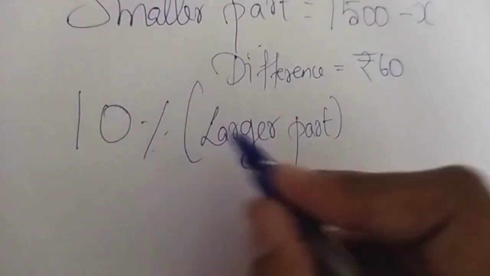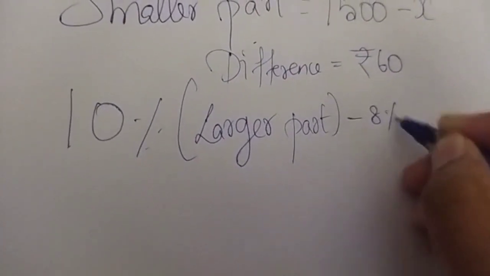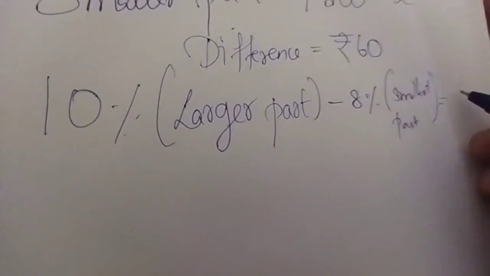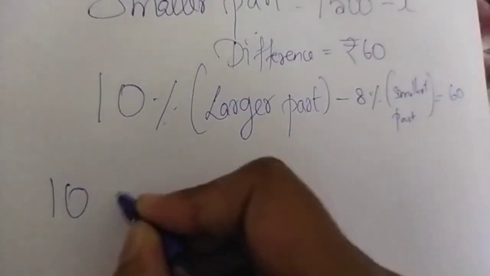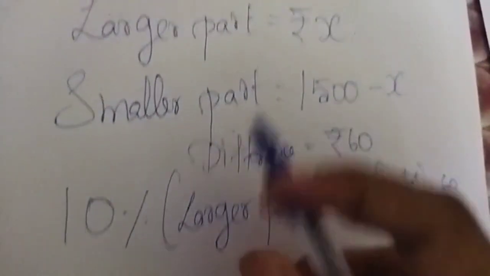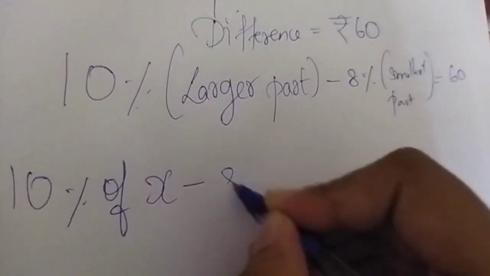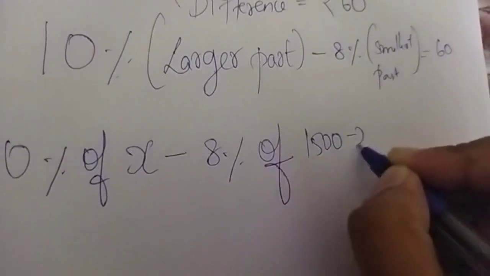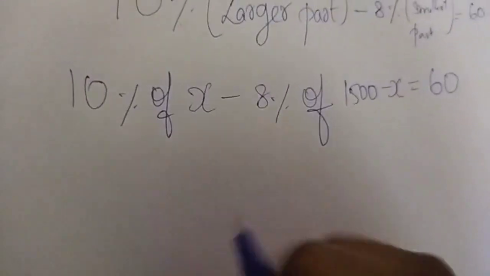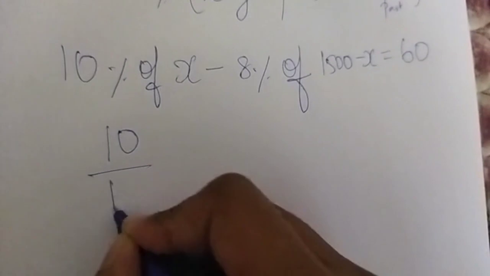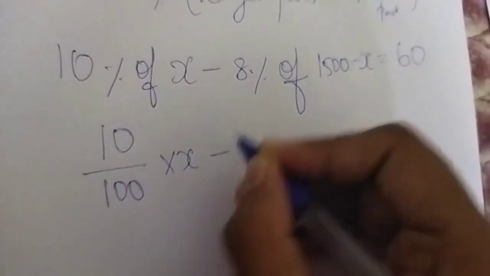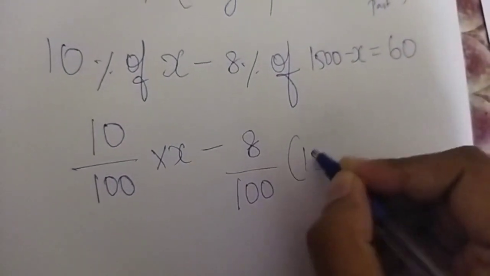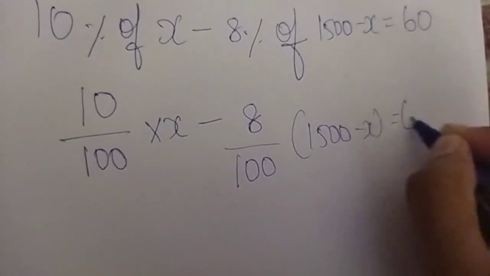So 10% of larger part, which is x, minus 8% of smaller part, what is smaller part? 1500 minus x, is equal to 60. So 10% of x means 10 by 100 into x, minus 8% of 1500 means 8 by 100 into (1500 minus x), is equal to 60.